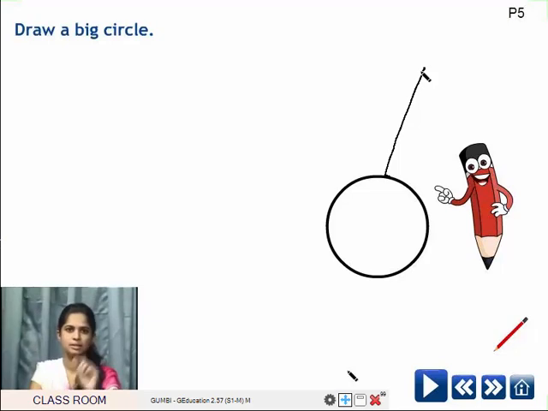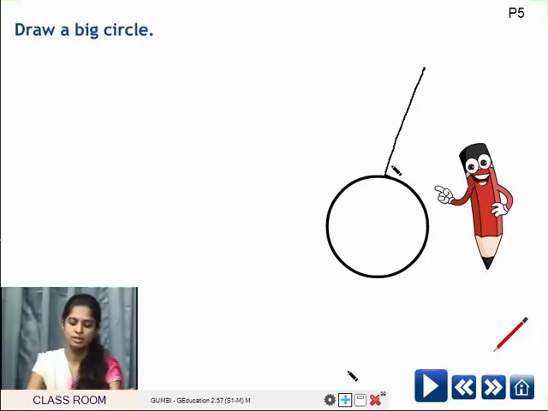Okay. Now select one more point just next to the first point on the circle here. Now draw a straight line which is smaller than that of first line. So you have to draw a straight line smaller than that of first line. Did you draw?